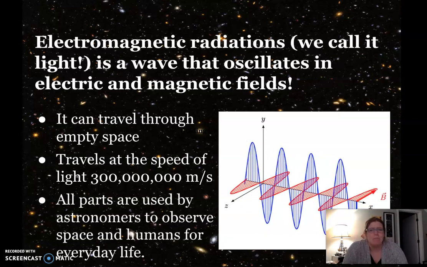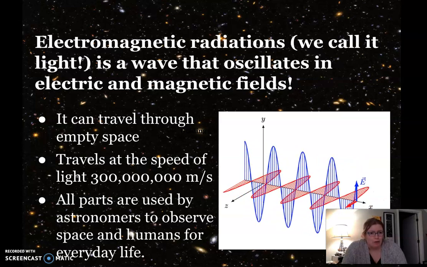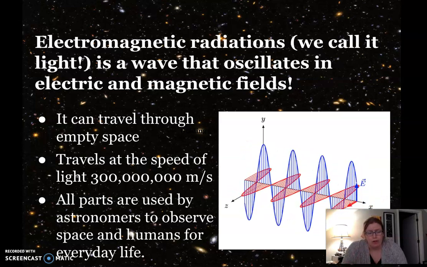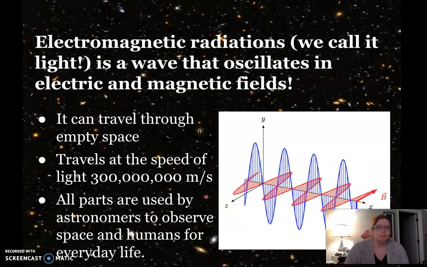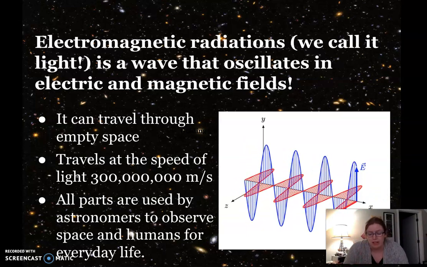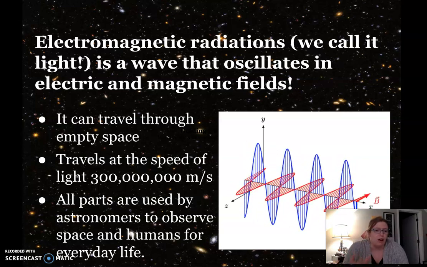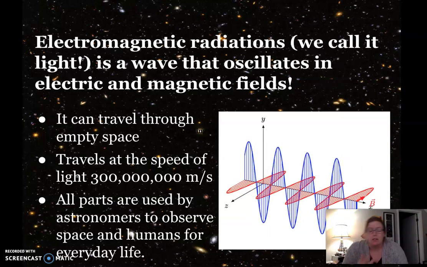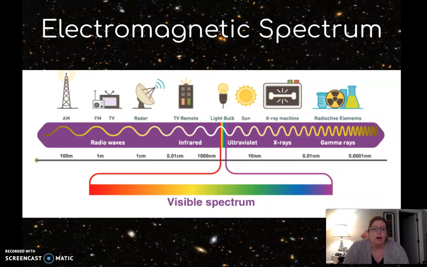Quite fast indeed. And all parts of the electromagnetic spectrum are used by astronomers, as you learned from Mr. Garver this week. And all parts of the electromagnetic spectrum are also used by humans in different things that we do in our everyday life. Some of them are more common, some of them are less common. So as you learned, our electromagnetic spectrum includes a whole range of radiation, ranging all the way from the really long radio waves.